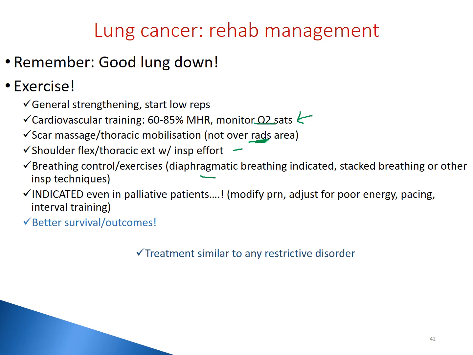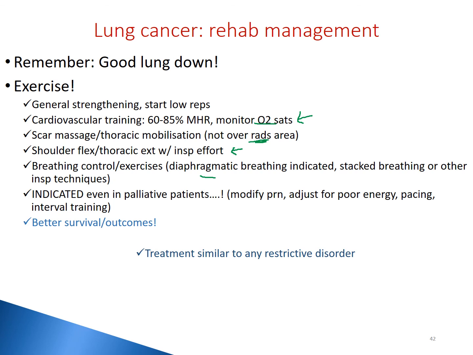We'll look at that downstairs: breathing control and exercises, diaphragmatic breathing, stacked breathing, and other inspiratory techniques, as well as using the shoulders and the thoracic spine to increase the mobility and expansion of the thoracic cage.